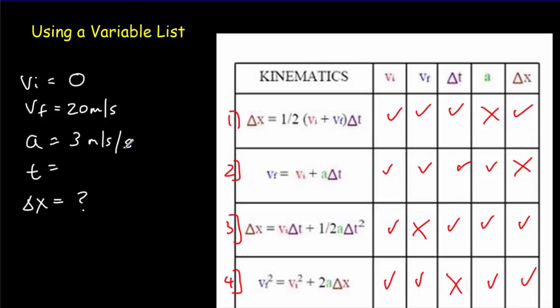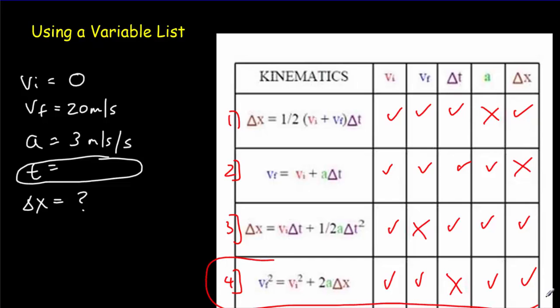So what you want to notice here is that all the variables except t are being used in the problem. 3 of them are given, 1 of them we're being asked for, and 1 of them is not involved. So then we come over here and we notice that our 4th equation is the one that doesn't involve time. So that would be the equation that we'd use, because this would be a situation where no time is involved.